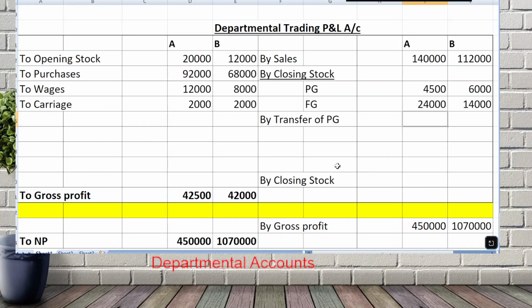So A transfers 8,000 and B transfers 10,000. We record it as to transfer of purchased goods. Once again, credit the giver: A transfers 8,000, B transfers 10,000. That will be debited in the other way.